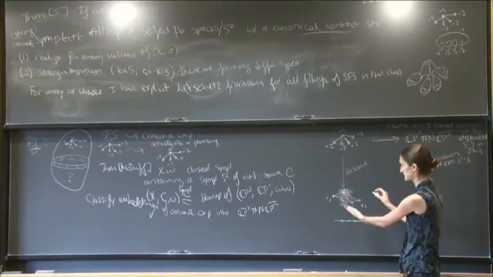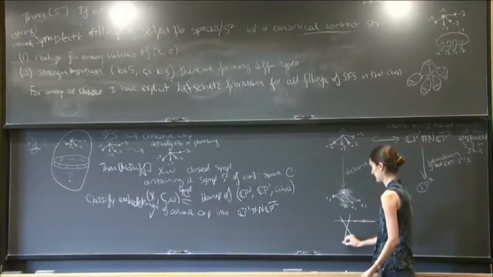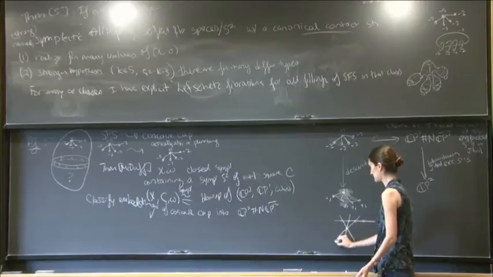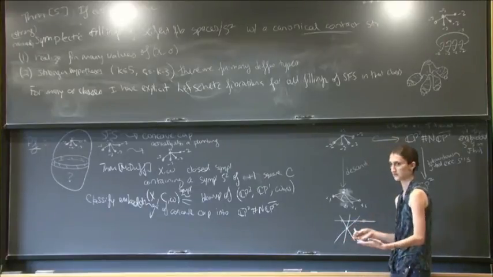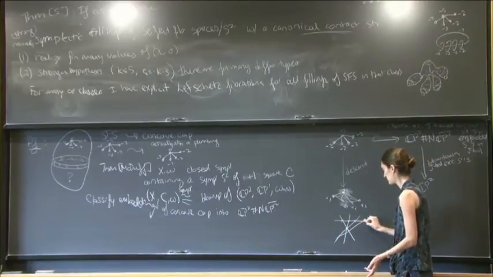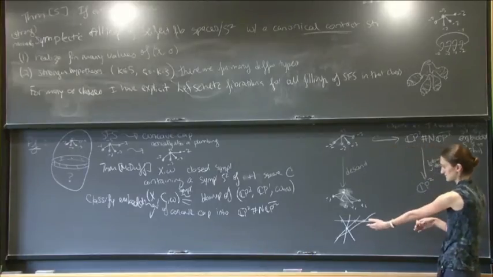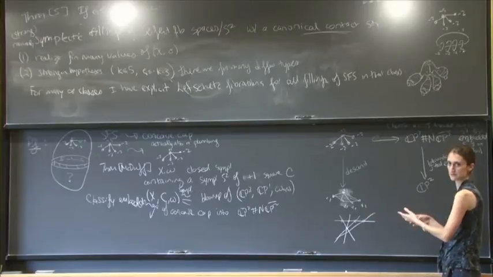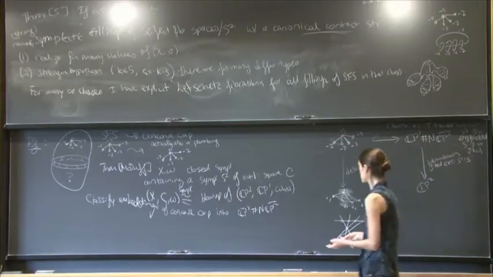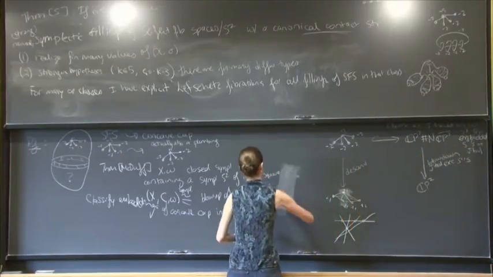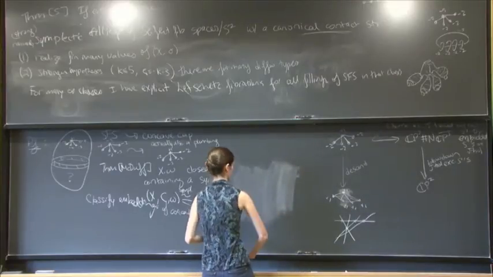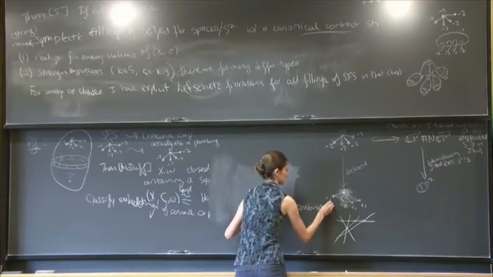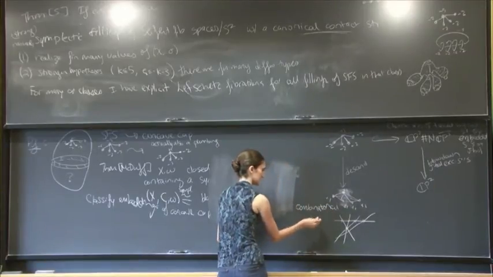And now as you blow down, they start to intersect each other. And every pair has to intersect exactly once. But it could be that 3 of them all intersect at the same point, and then you still have the same pairwise intersections. But the embedding and the complement of the embedding look different depending on this combinatorial data. So there's this combinatorial data about the intersection pattern.